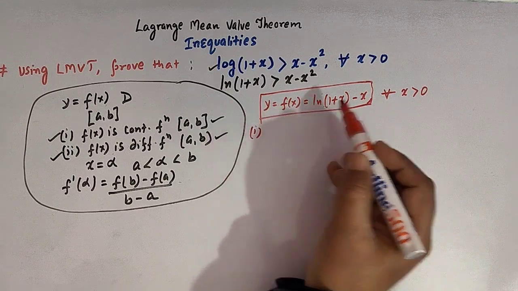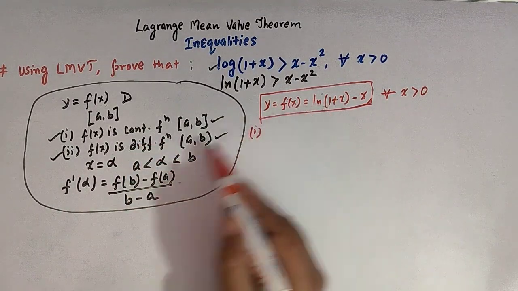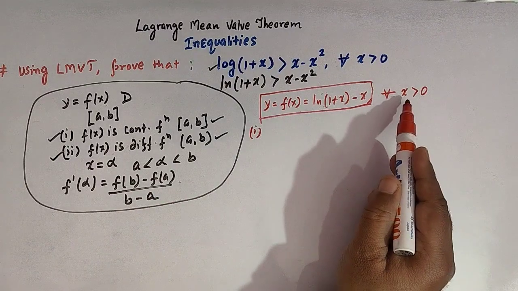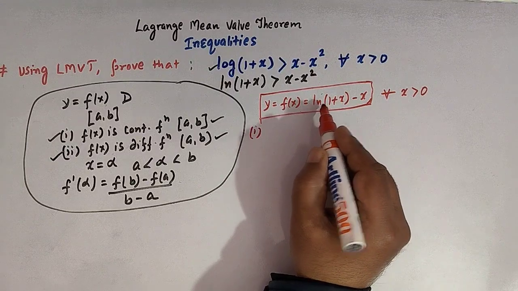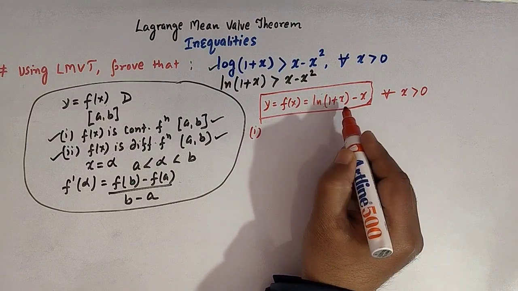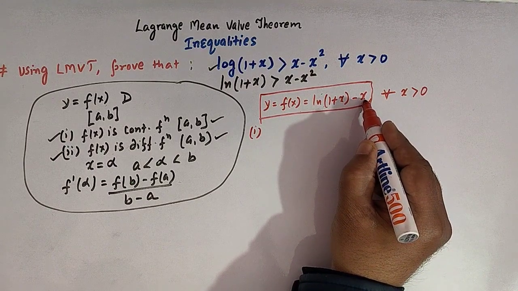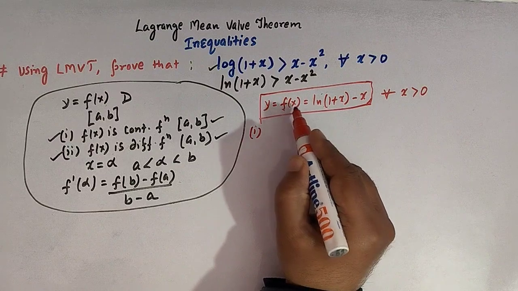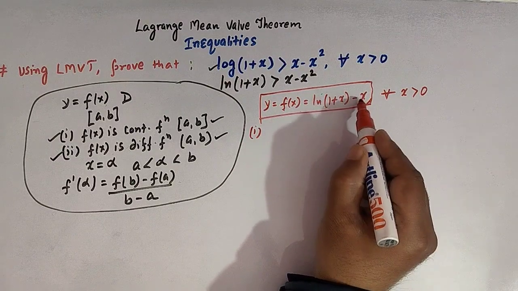We can easily see that this function f of x is a continuous and differentiable function for all x greater than 0. A log function is a differentiable function in its domain, and x is a polynomial function. So f of x is a combination of two continuous functions.